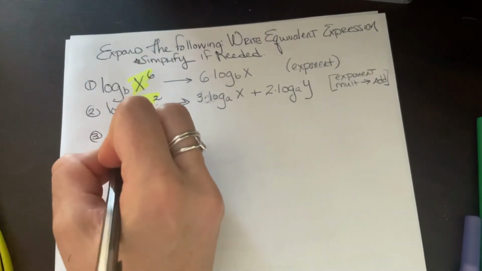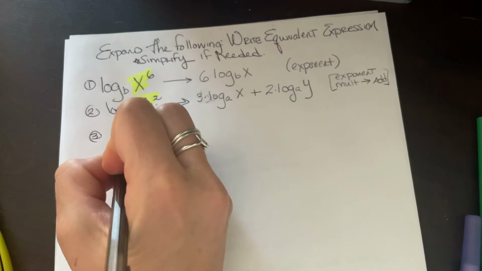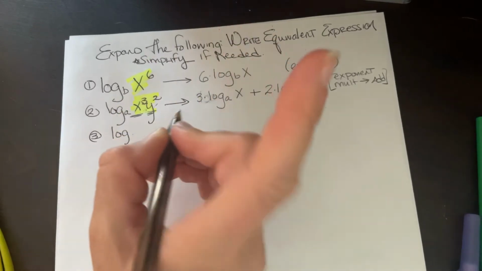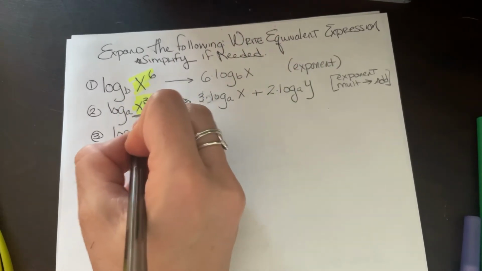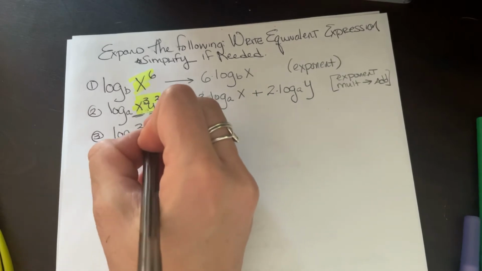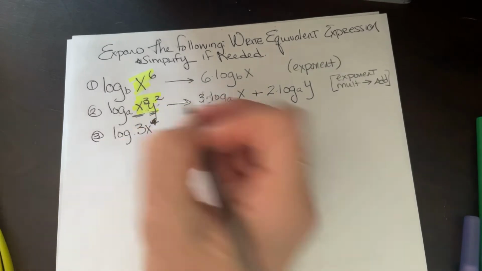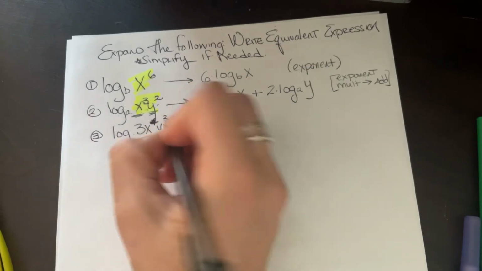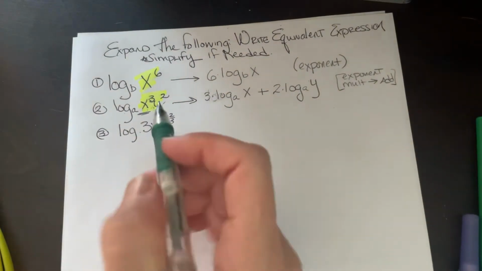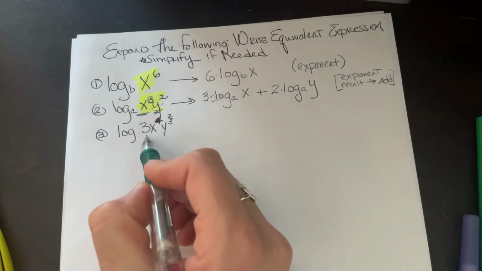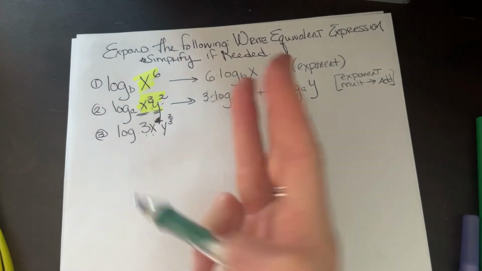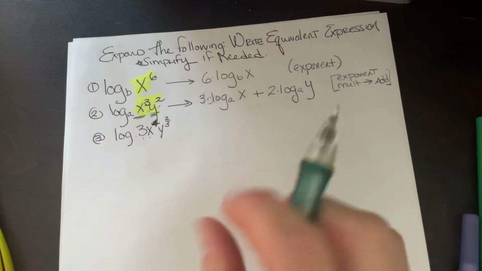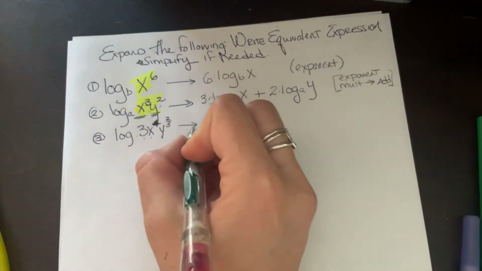Okay, so watch this one. Log, let's say, I'm not going to put a base. I don't need to have a base. If you do not give me a base in the problem, you do not give a base when you expand it. That says x to the 4th, y to the 2/3. Okay, so you see 1, 2, 3. That means you have 3 logs. So let's expand it. I need 3 logs.